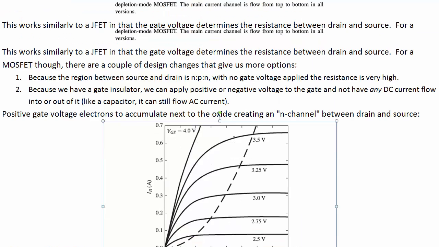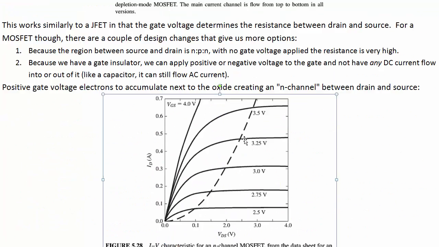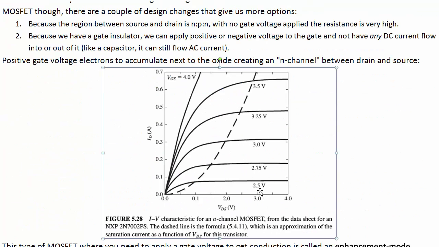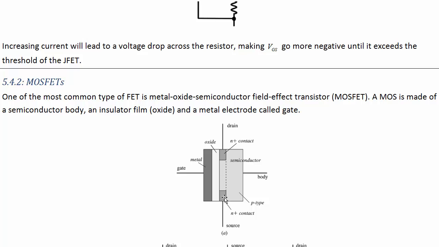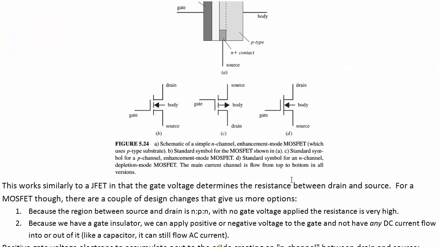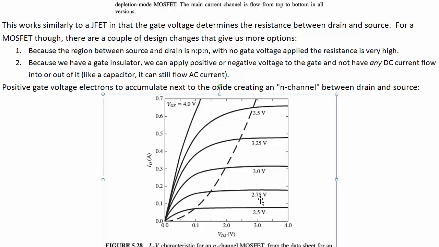So for this particular set of curves, you need to apply at least 2.5 volts to get this to turn on at all. If you don't apply 2.5 volts at the gate relative to the source, then the channel is pinched off. Nothing can flow from drain to source. But then as you apply more and more gate voltage, we go to a higher and higher curve here.